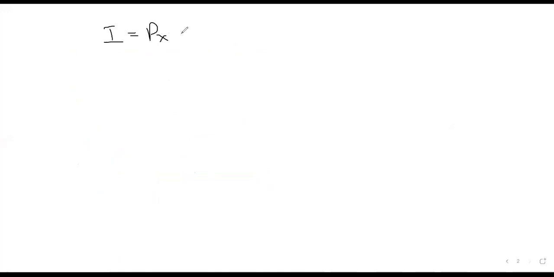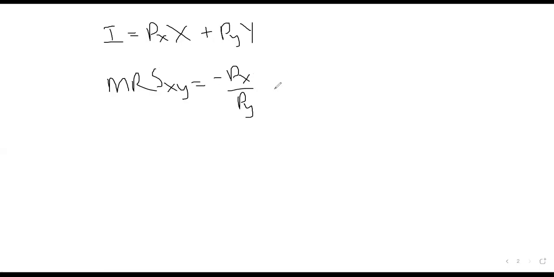So we have price of good X times X plus price of good Y times Y. So we have the marginal rate of substitution, X for Y, where we start with the formula price of X over the price of Y. This marginal rate of substitution is also the same as the formula of the slope, the price of X over price of Y. Then if you're asked to find the marginal rate of substitution Y for X, it's the opposite, negative P Y over price of X.